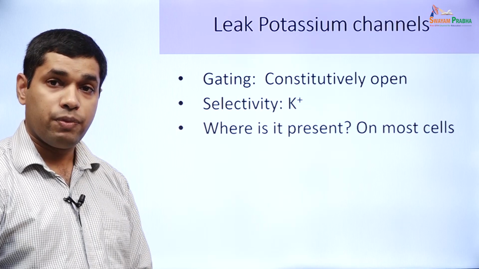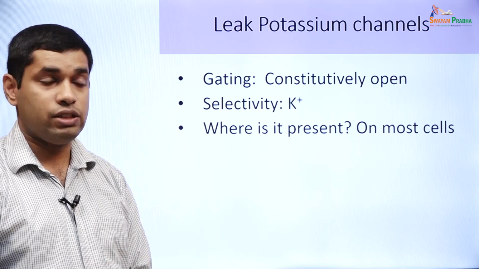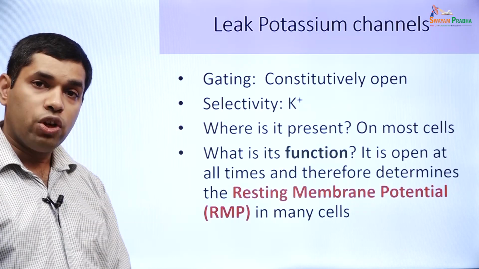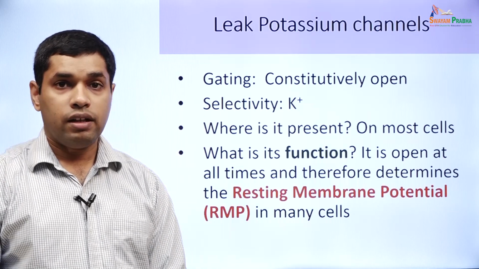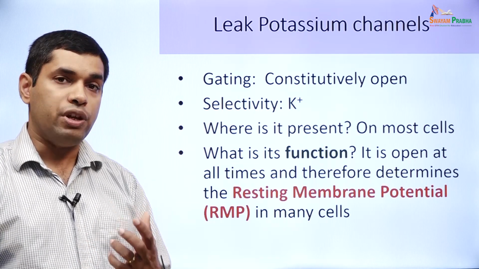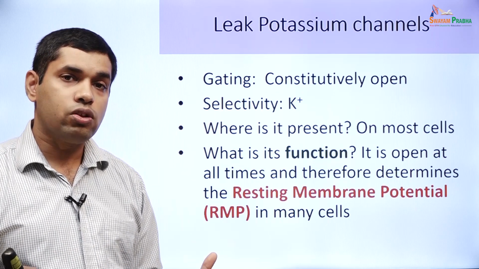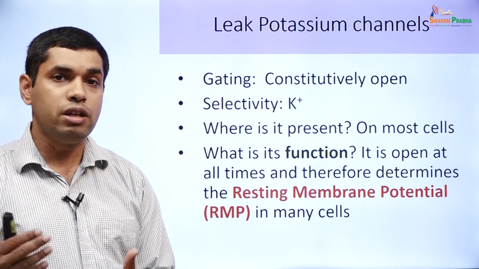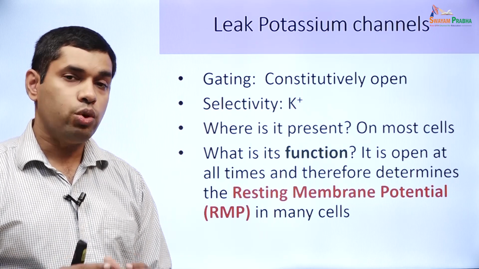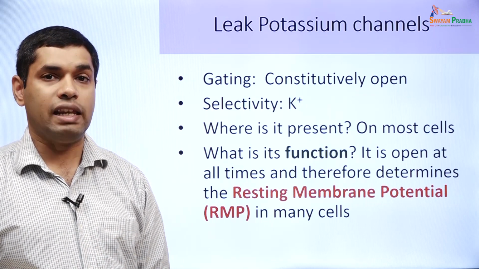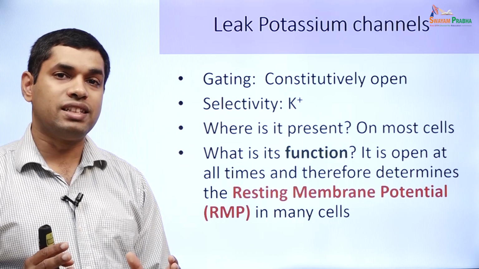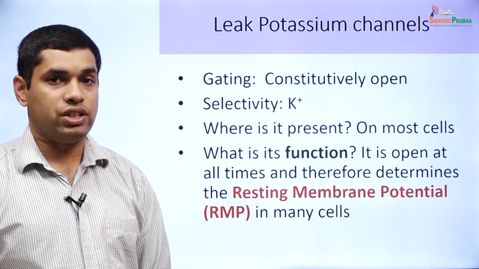Where are they present? They're present on most cells of the body. What is the role of this channel? Because it is open at all times, this channel contributes to the membrane permeability for potassium. So if this channel is present on a cell, it will make that cell permeable to potassium.